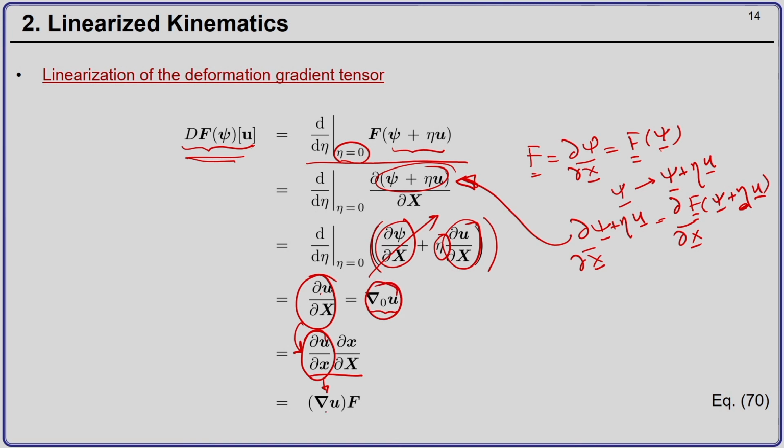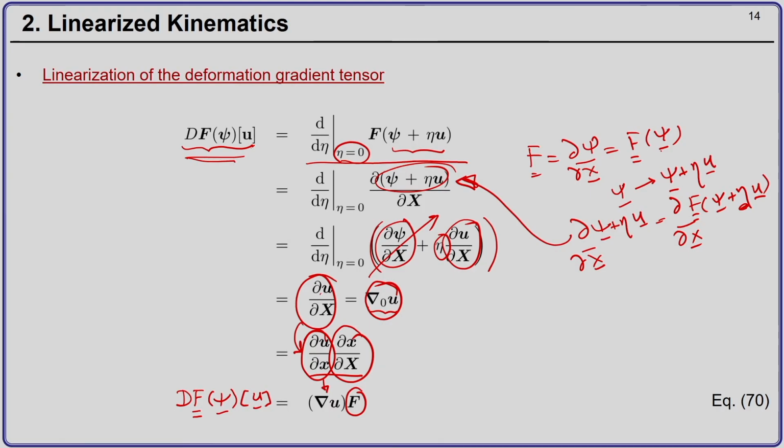So, the spatial gradient of u times del x by del X is nothing but F. Okay. So, the directional derivative of F evaluated at psi in the direction u is nothing but the spatial gradient of u times the deformation gradient tensor F.